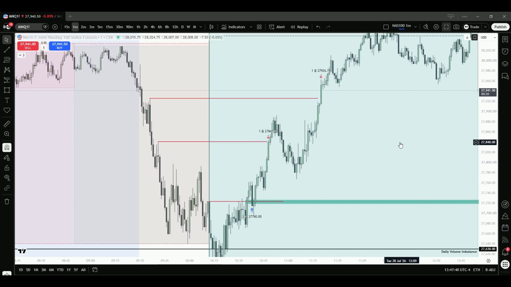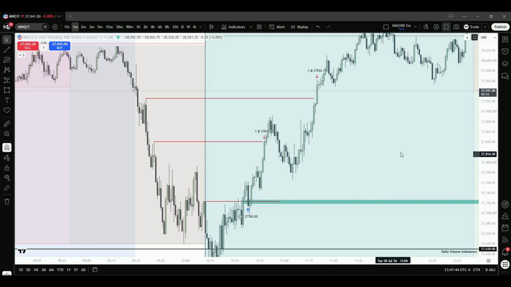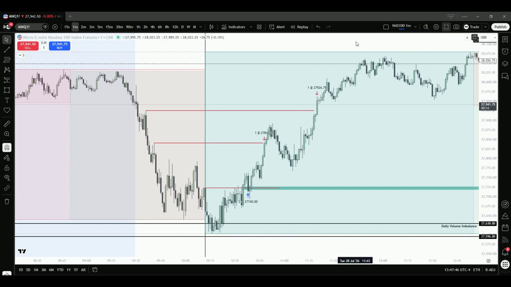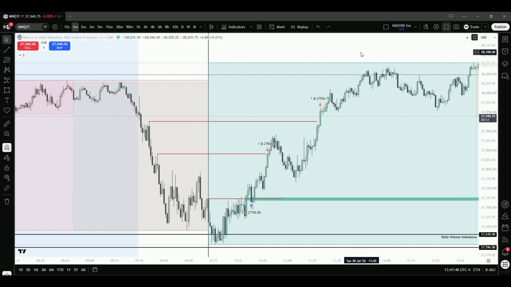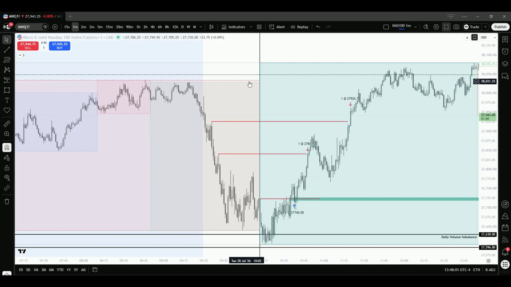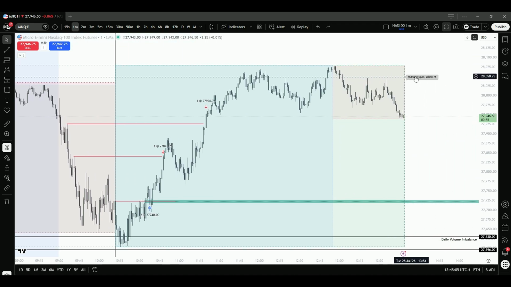And I was not actively sitting on the chart, and I couldn't really micromanage the trade from my computer. The only thing I did was moving my stop loss to break even once the first partial was secured. And then ultimately price went to these relative equal highs here, where you also have your midnight open.